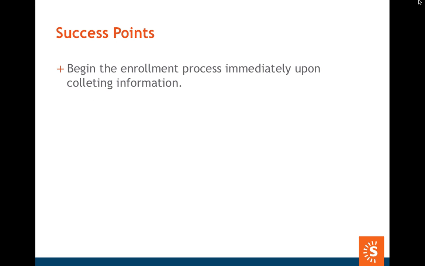All right, so let's talk about success points. It's really important to recap the things that really make a difference in the effectiveness of enrollment. As we go through each bullet, I'm going to ask Dina for some examples to really hit this home. Starting with the first one, beginning that enrollment process immediately upon collecting information.